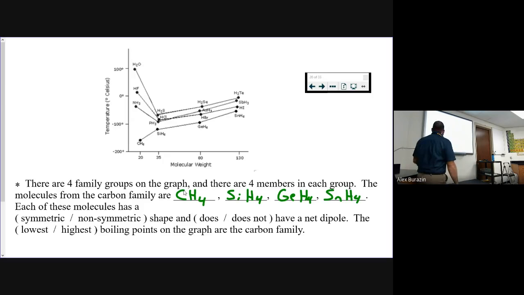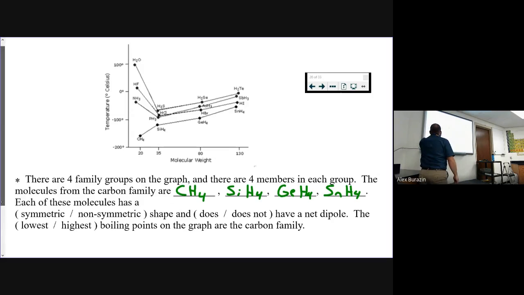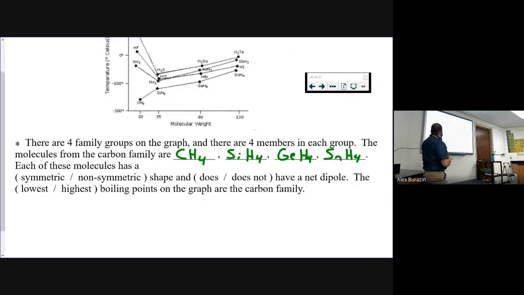Each of these molecules has a blank shape. Symmetric or non-symmetric. I don't know if those are the appropriate terms, but I think you know what I mean. What shape would all of these have? Tetrahedral. Every single one of these is a tetrahedral shape. Is that a symmetrical shape?